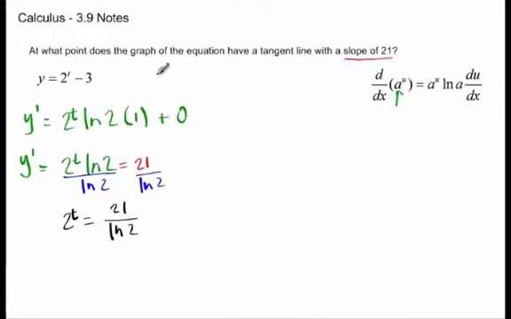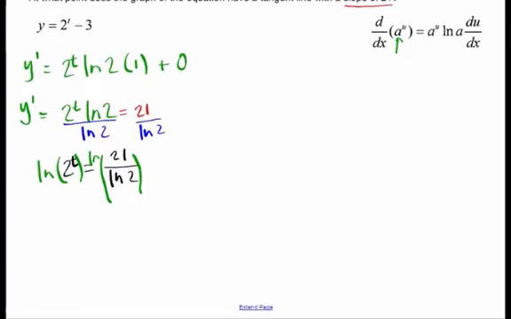And so this is a trick, and it's a little bit of an interesting trick, but we're going to take the natural log of this side, and we're going to take the natural log of this side. What that does is allows us to manipulate the t in the exponent. So I've got the natural log of 2 to the t equals the natural log of 21 over the natural log of 2.